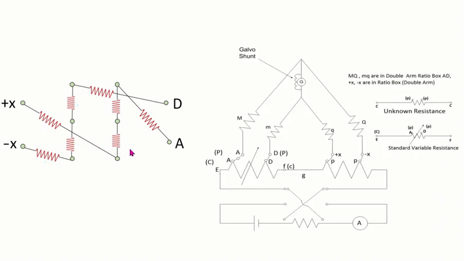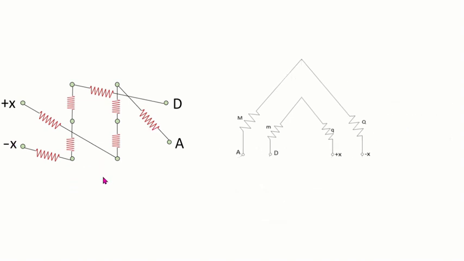If you try to correlate this with the circuit that is given to us for analysis, we see that the four arms of the bridge, that is capital M, small m, capital Q and small q, are the arms that will resemble this connection. So this is the terminal A, which is given here. This is D, plus X is this one, and minus X is this one.